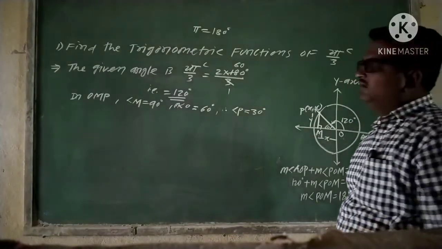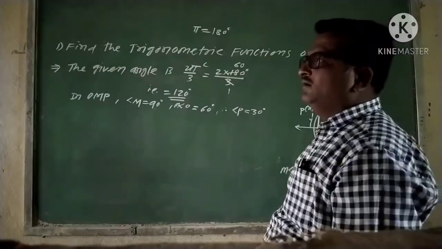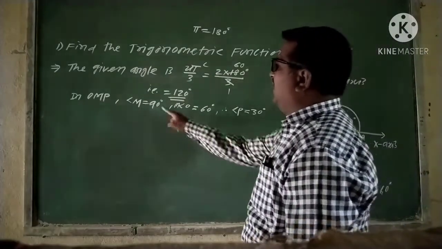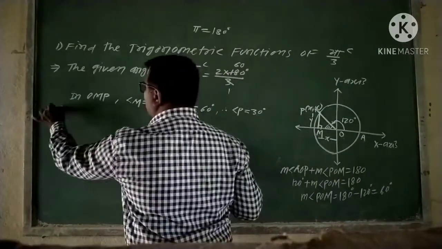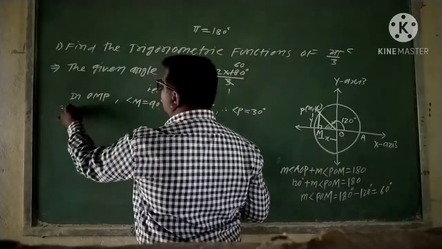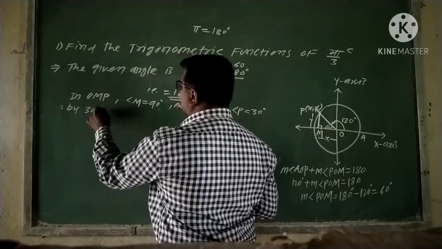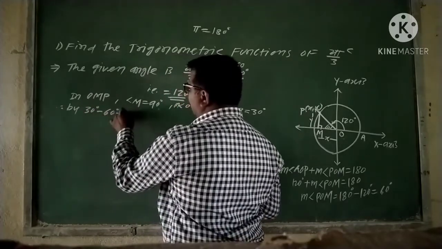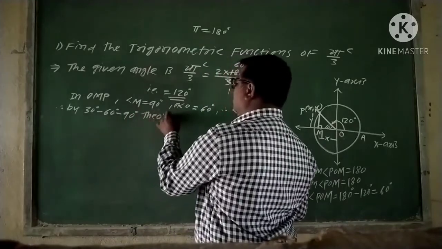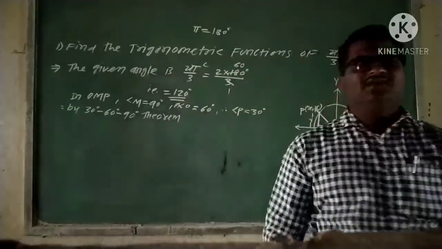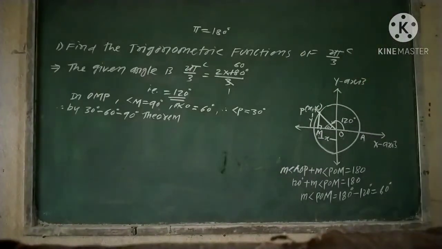In triangle OMP, the angles measure 90 degrees, 60 degrees, and 30 degrees, so we have to use the 30-60-90 theorem.